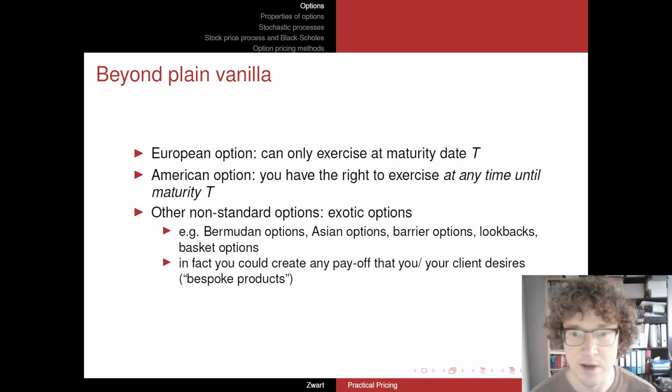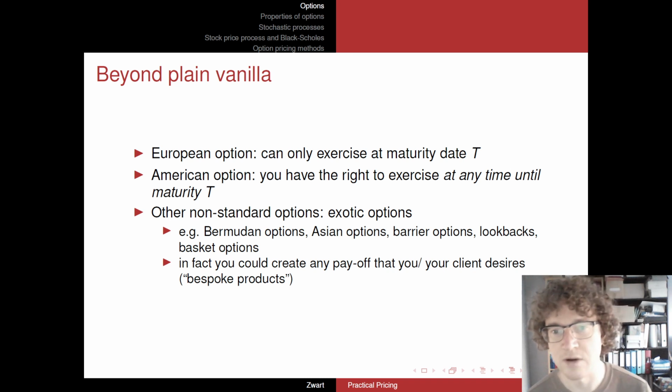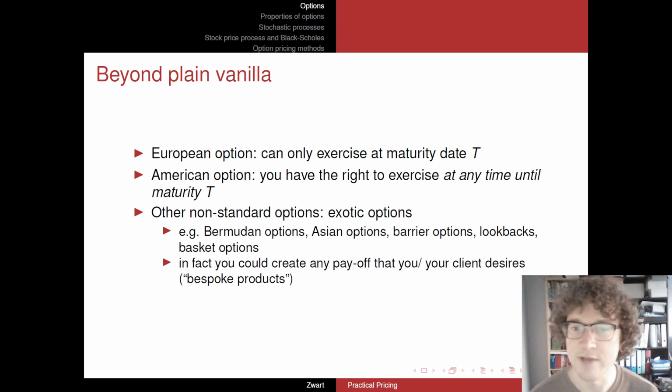In particular, I would have loved to buy this stock at its minimum value. Well, then you would like to have a look-back option, which says you're allowed to buy at the maturity date this particular stock at, for instance, the lowest price that this stock has reached during the lifetime of this option. That's of course very nice to have, but of course you're going to pay for that right upfront.